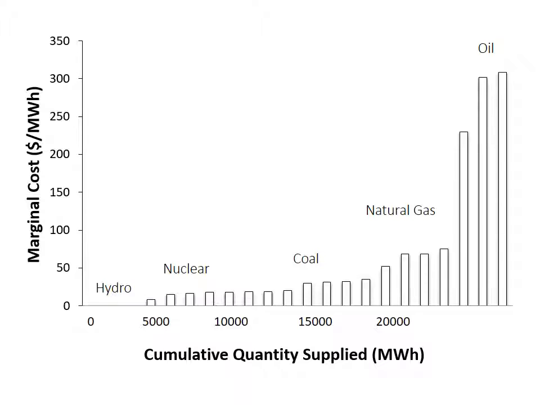We start all the way on the left with hydro because there's no fuel cost associated with hydropower production, so for all intents and purposes, we're assuming that the marginal cost is zero. Nuclear, really efficient base load generation, also has a low marginal cost. Then we get into coal, natural gas, and then the generators of last resort are oil combustion turbines. Very expensive, but we tend to include them in the system mostly as a backup or a unit of last resort.